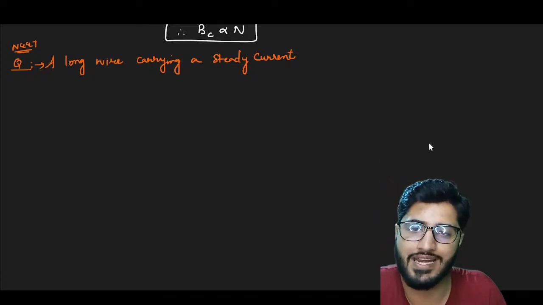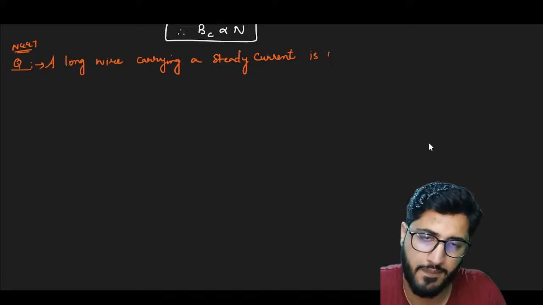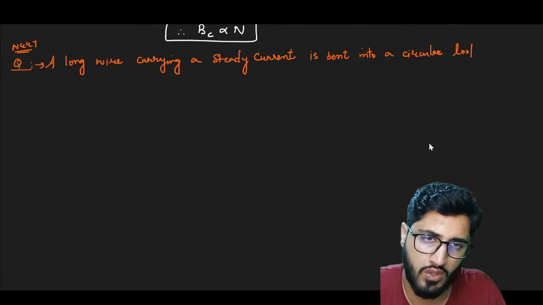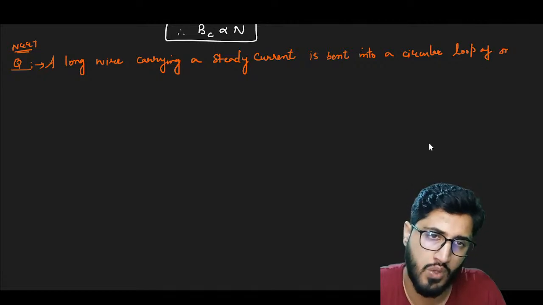A long wire carrying a steady current is bent into a circular loop of one turn.